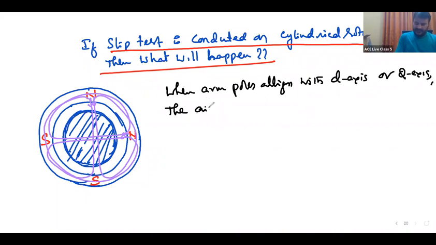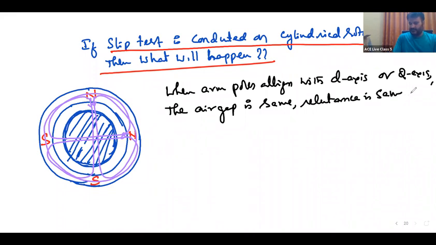The reluctance is the same. Therefore, the ammeter reading is always constant.